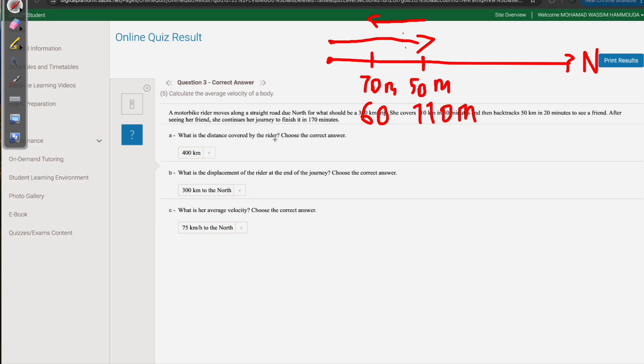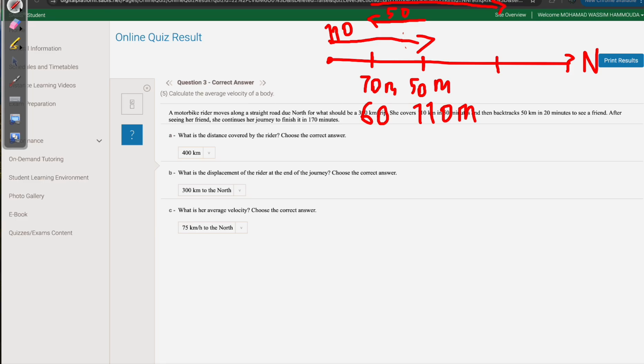And then after that she continues her journey. This will be 110, this is 50. And then from here, we will continue moving till the end of the journey.